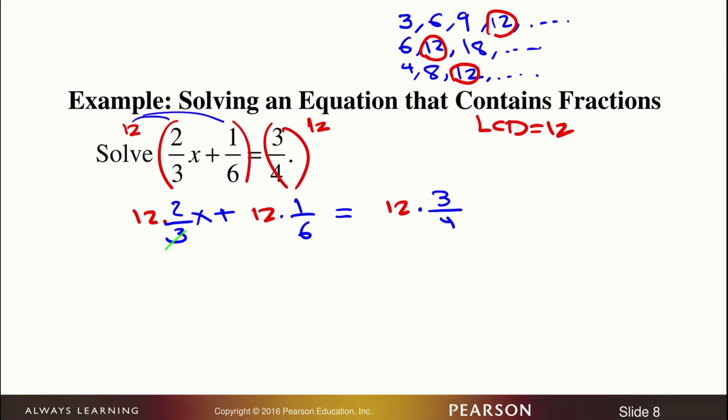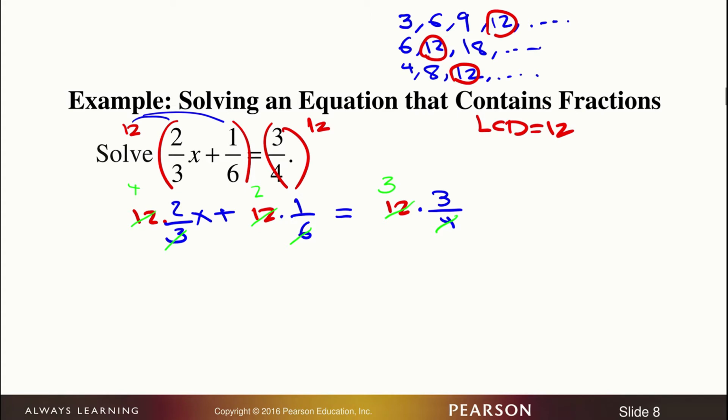And now we cross cancel and simplify. So here we notice that 3 and 12 reduce to give us 4 on the top. 6 and 12 will reduce to give us 2 on the top. And 4 and 12 will leave us 3 on the top. Now we'll carefully write down what's left.